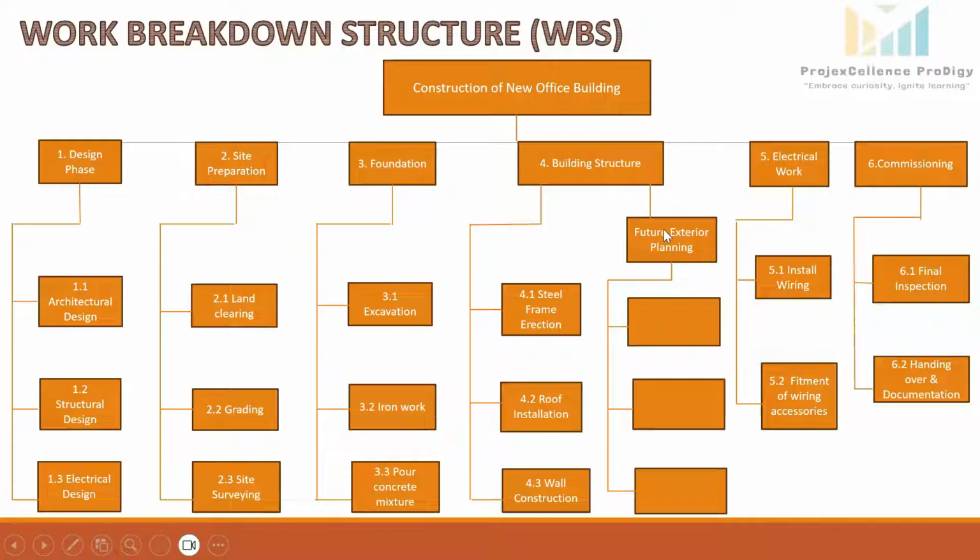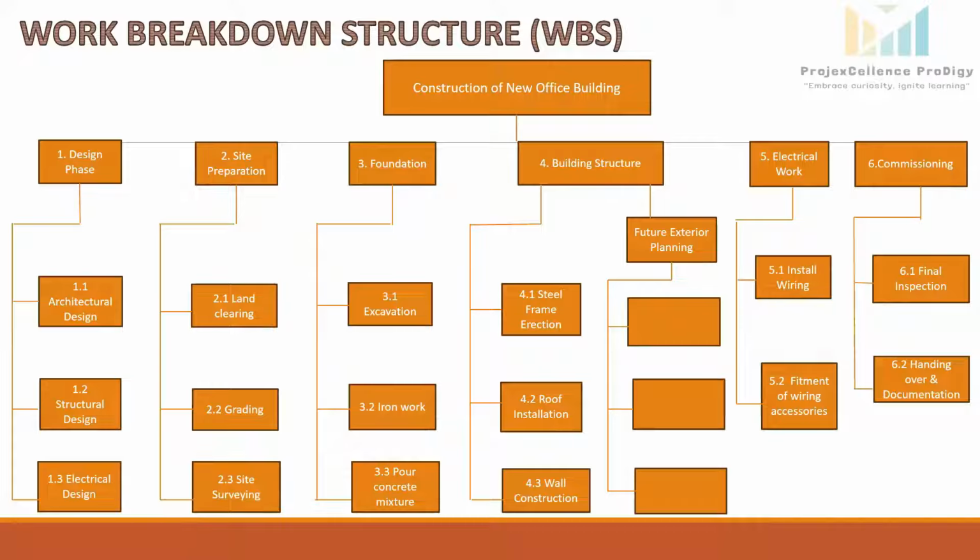In the middle, we can see one more layer under the building structure, which is future exterior planning. This is a planning package. This is the middle layer. We know there will be exterior work that needs to be done, but at this moment, we are not sure about the detailed activities. It can be anything like installing exterior windows and glass panels, exterior painting or waterproofing.